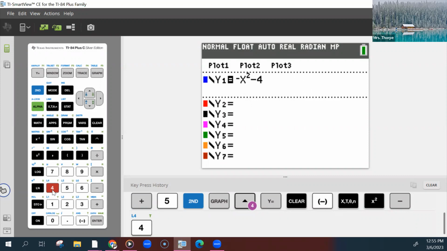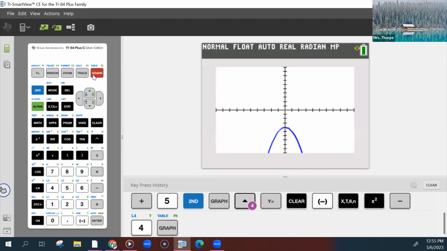And then we're gonna graph this once you have it in there. On the graph, you just have to know what you're looking for. I know that the axis of symmetry is gonna cut this directly in half, and it looks like that axis of symmetry is on our y axis. So that means our vertex is gonna be at this point here, 0, -4.